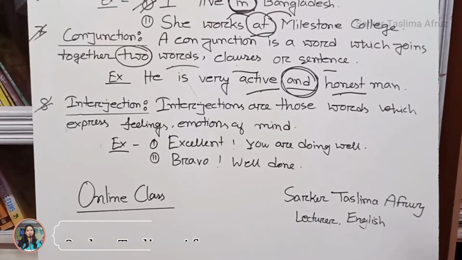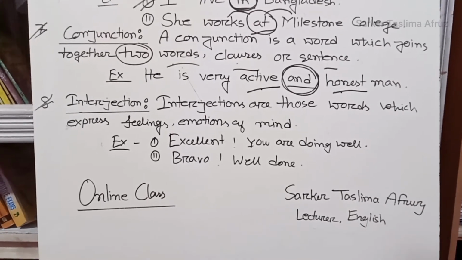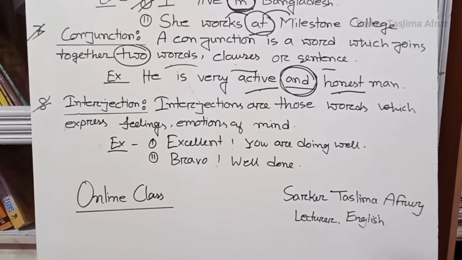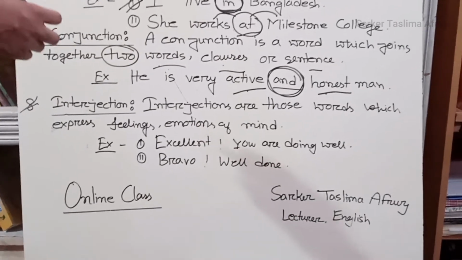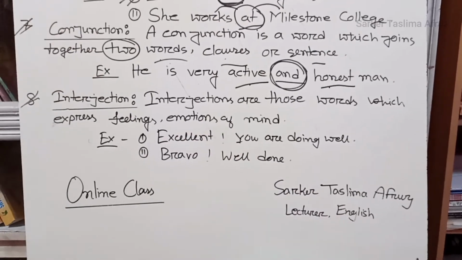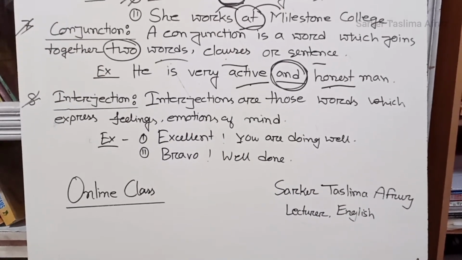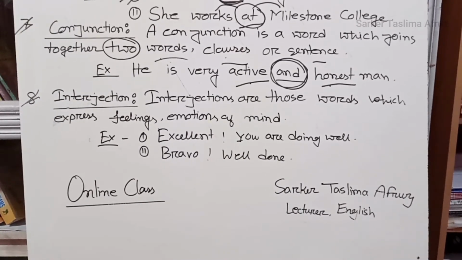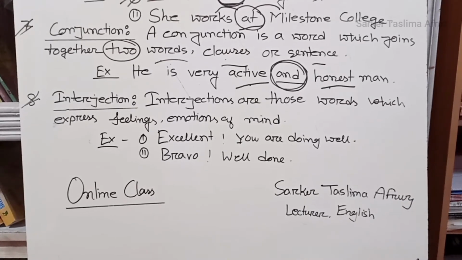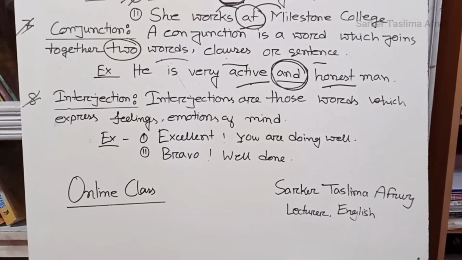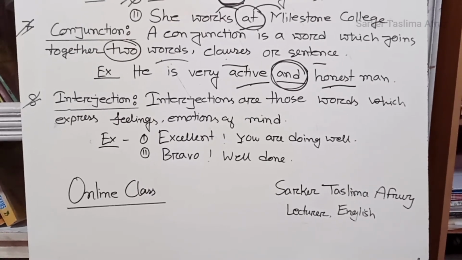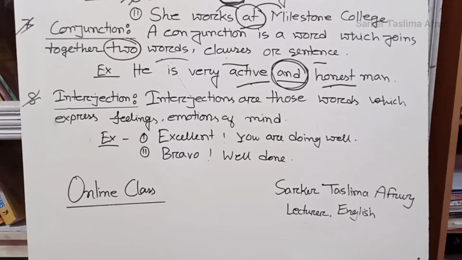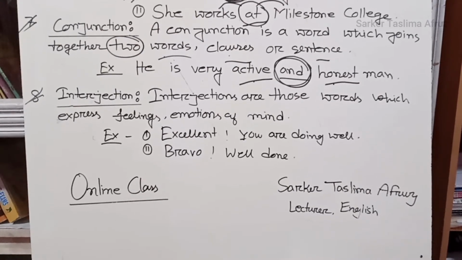Actually, they help us understand the feeling of the subject. These words can stand alone or be placed before or after a sentence. Interjections have no grammatical relation to other parts of the sentence. They are frequently used in informal speech or writing.